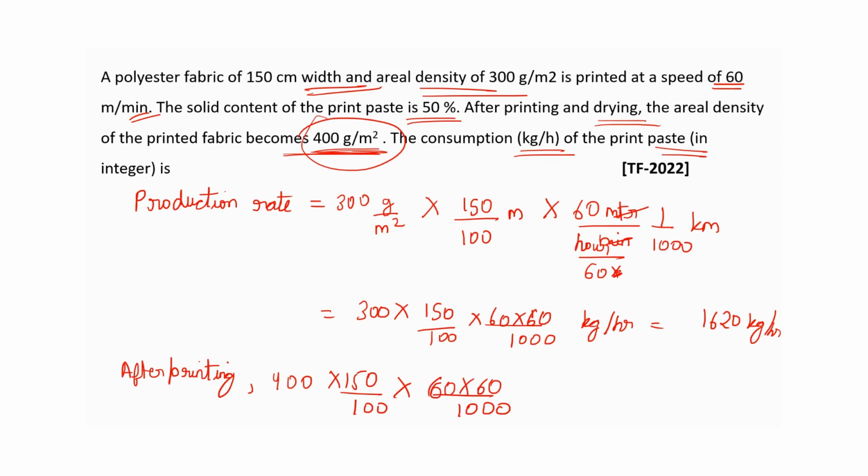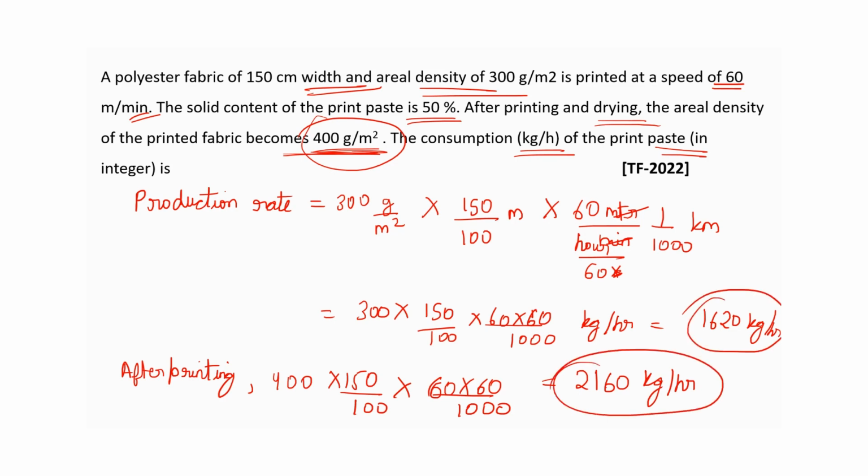Earlier it was 300, now it is 400. So it will come out to be 2160 kg per hour. We have done this to keep the units same, that is the production rate in kg per hour. So if you compare the fresh one with the new one, earlier the production rate was 1620, now the production rate is 2160.